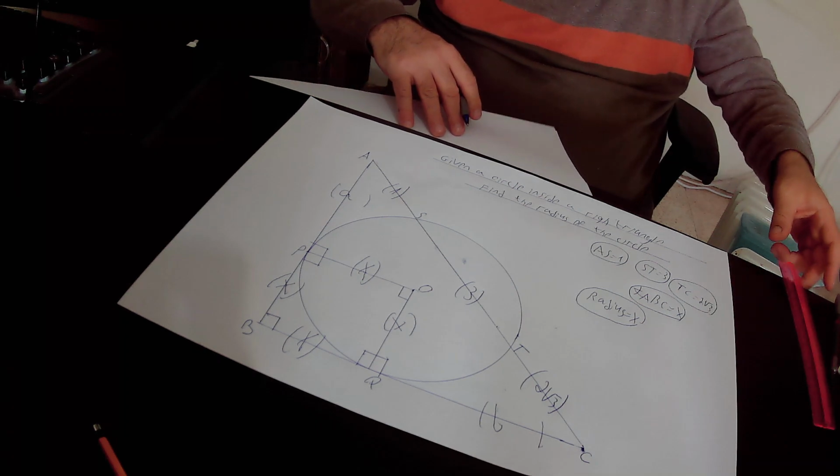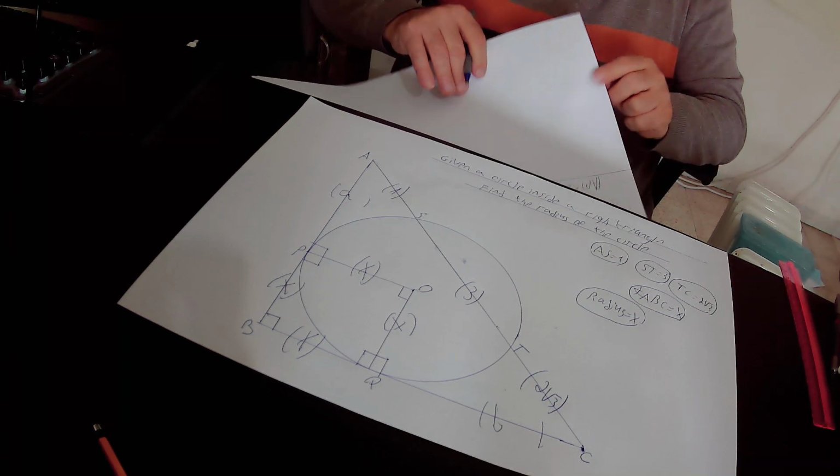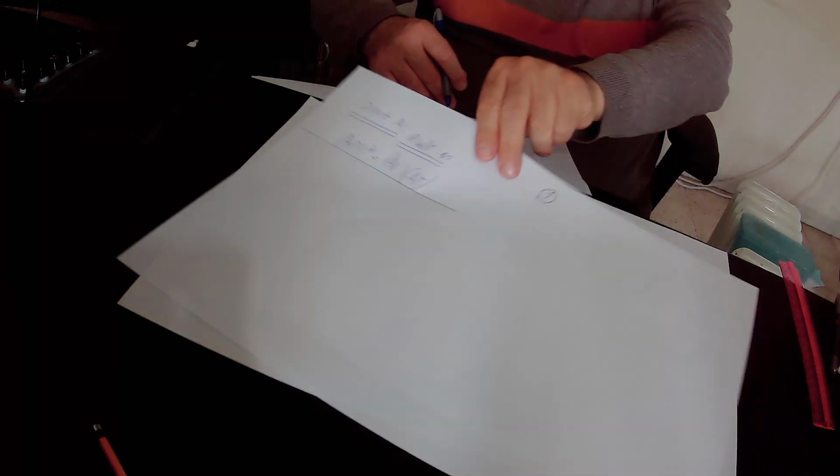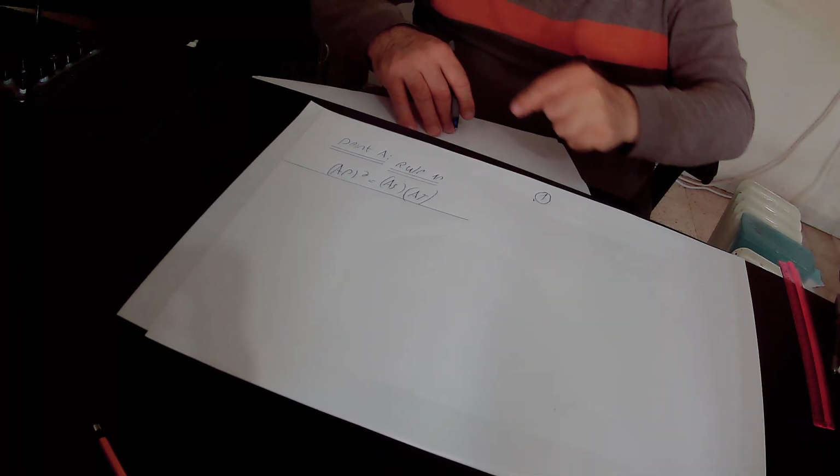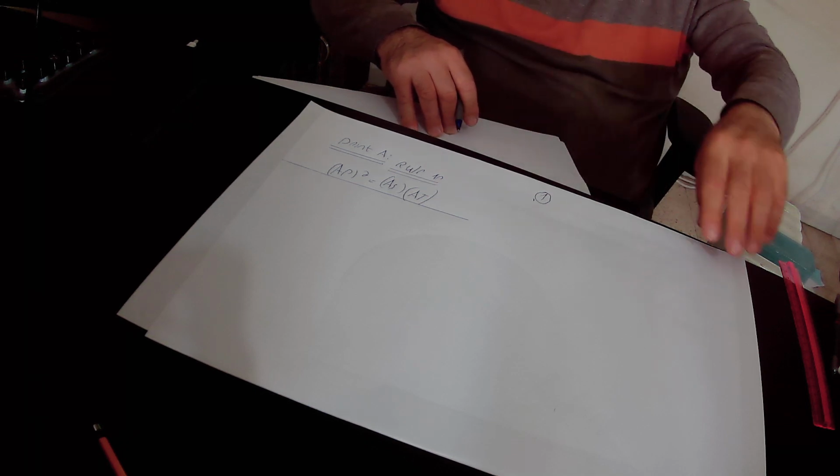Again, according to rule 10, if you focus on the common external point, point A, AP square equals AS times AT.